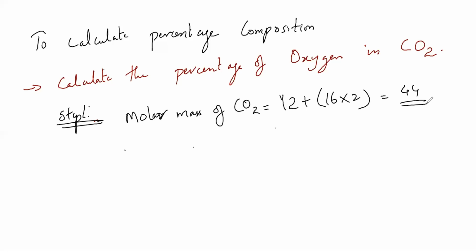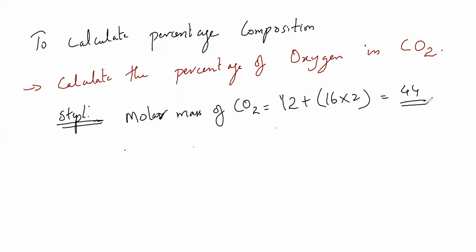But here the question is the percentage of oxygen in carbon dioxide. So how much oxygen is there? 32. The total molar mass of carbon dioxide is 44.